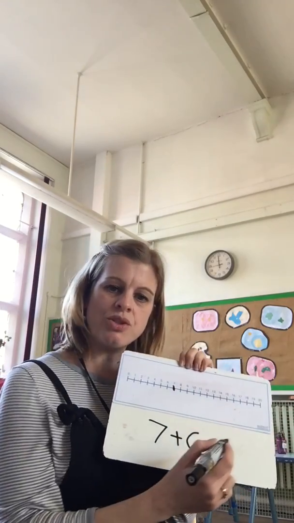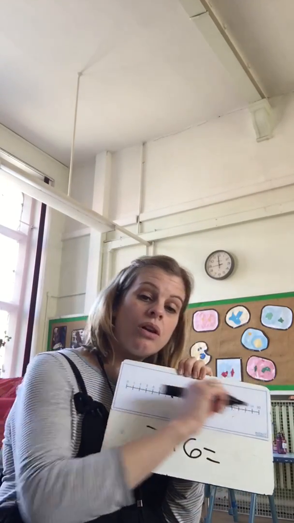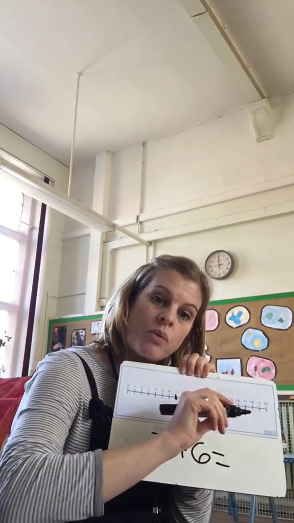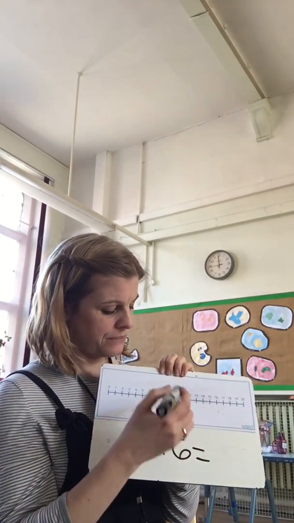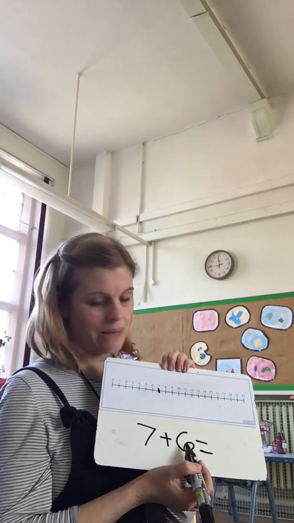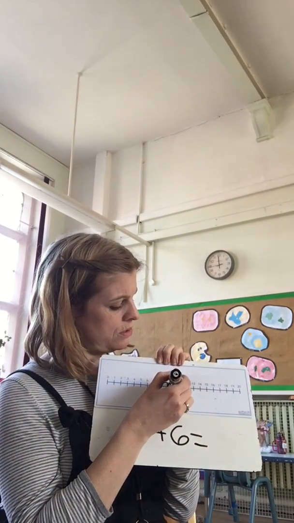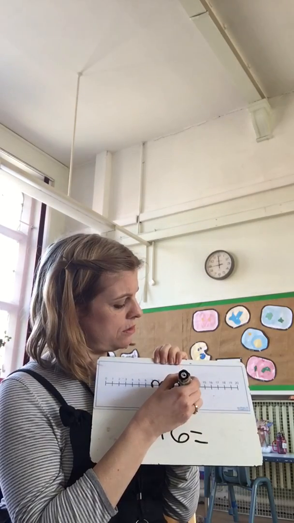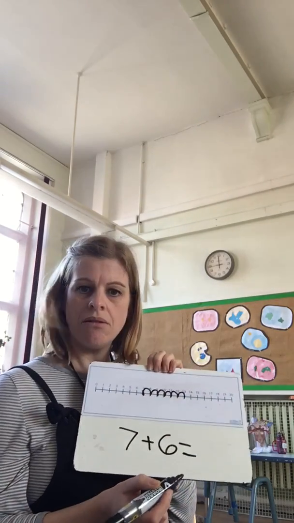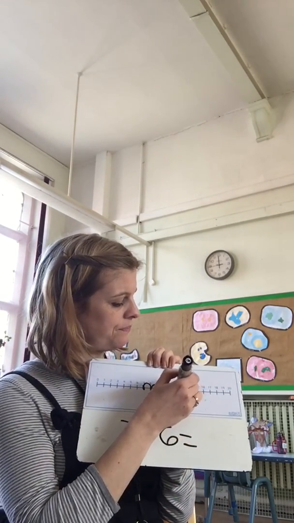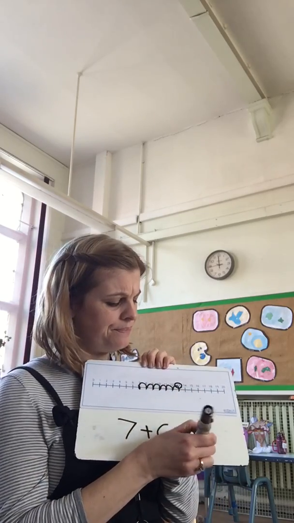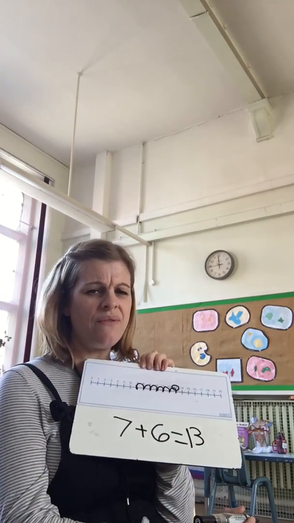I'm going to do 6 jumps, and we're going to go along my number line because my number's going to get bigger because I'm adding. I'm going to do 6 jumps because I'm adding 6. 1, 2, 3, 4, 5, 6. Oh, same answer. 13. Wonder if I've done that correctly.